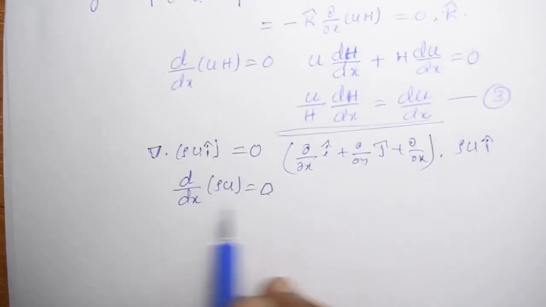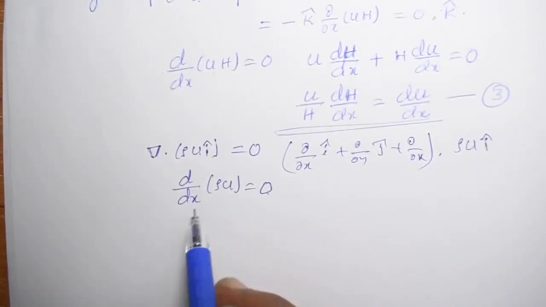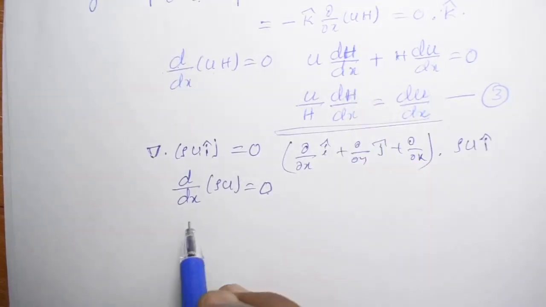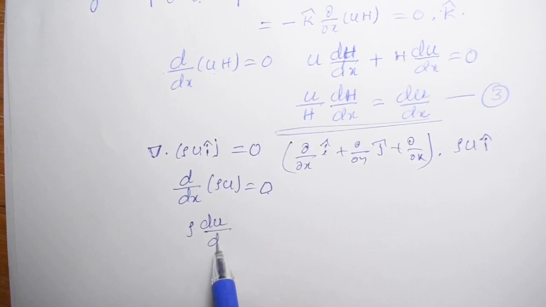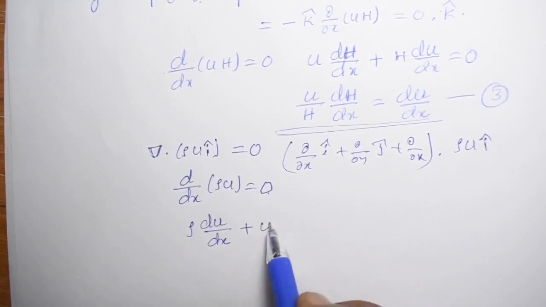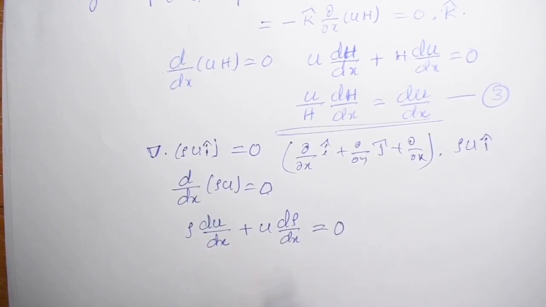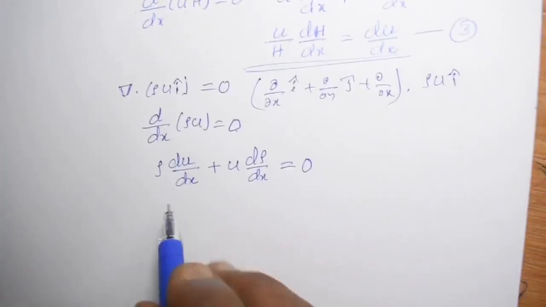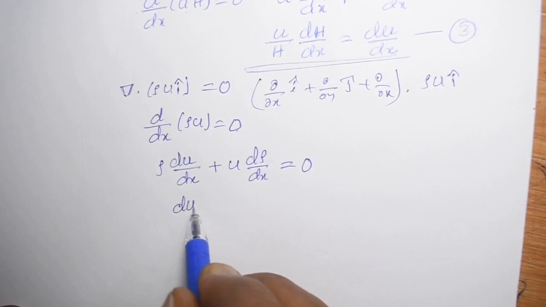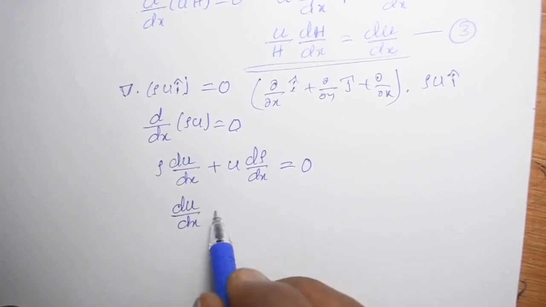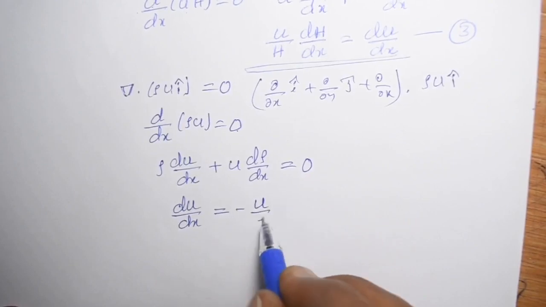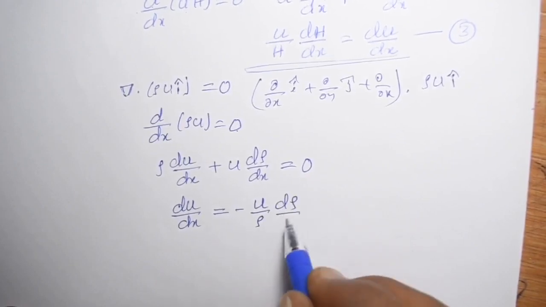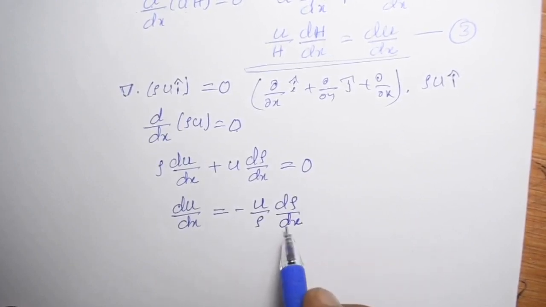Right. Now by expanding this, as in the case of equation 3, you are going to get rho into du by dx plus u into d rho by dx is equal to 0. Or du by dx is equal to minus u by rho into d rho by dx. Is it possible? 100%.